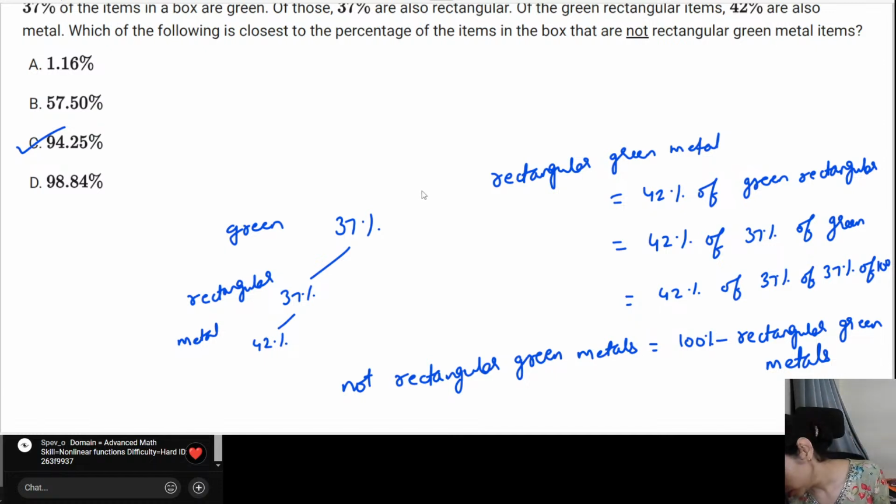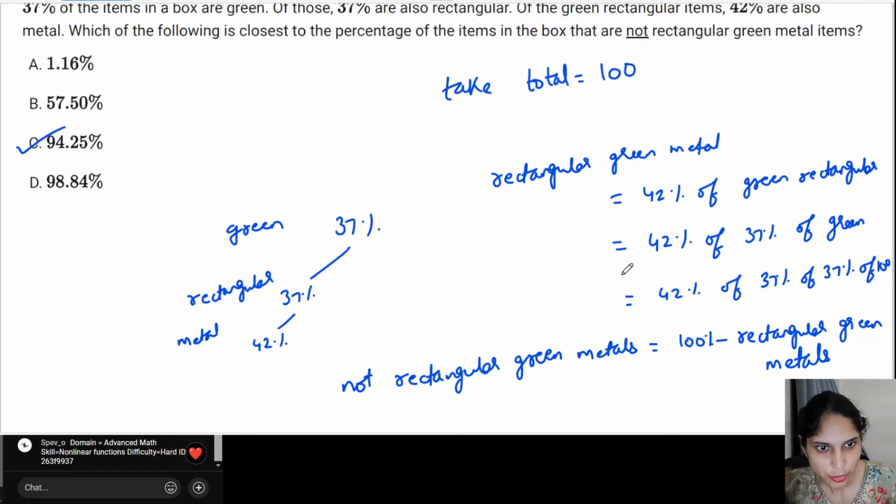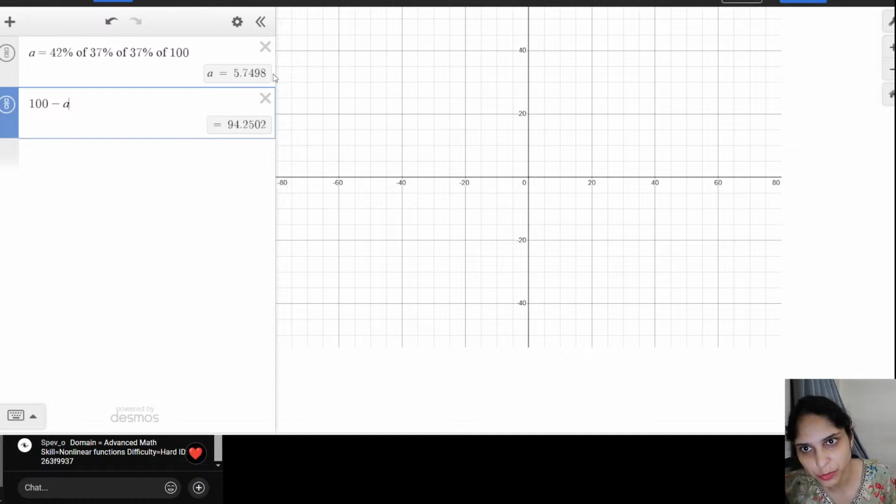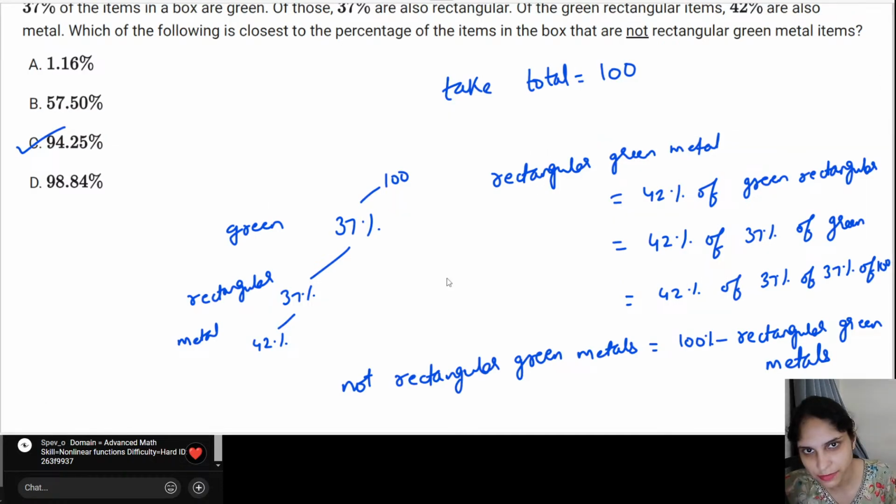Whenever the total is not given in these kinds of questions, you can take it as 100. So you're just finding 42% of 37% of 37% of 100. The answer is 94.25% are not rectangular green metal items, because 5 point something, 5.74 or 5.75, were rectangular green metal items.